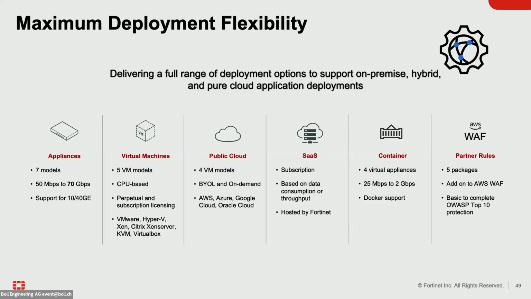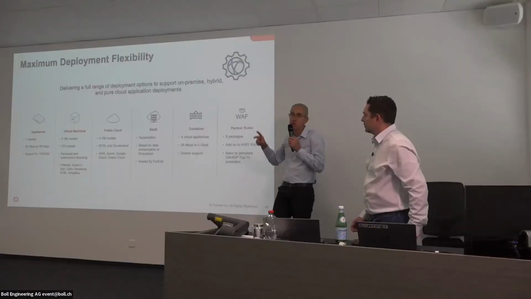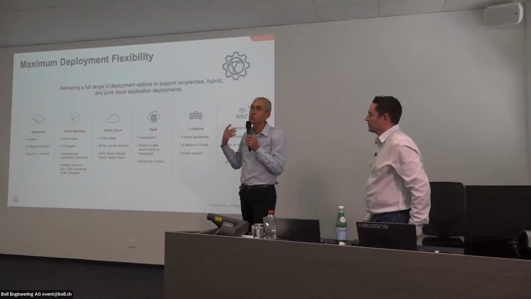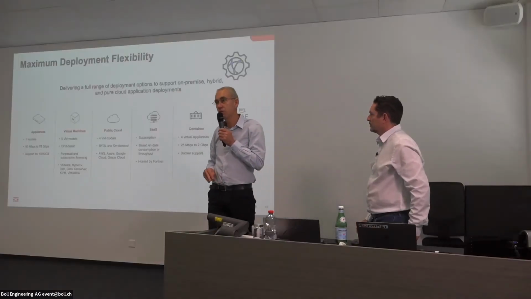If you have customers using AWS and the customer wants to be cloud native, so they want to use AWS WAF instead of FortiWeb, then you should sell FortiWeb rules on AWS WAF. This is where we have all the bot detection, threat intelligence, FortiGuard analytics, and IPS. You get that as a subscription that is sold on top of the AWS WAF.